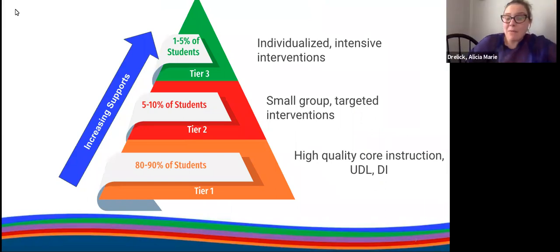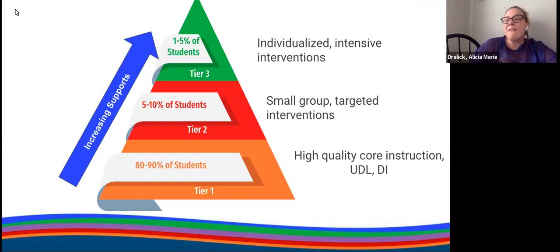So when we think about multi-tiered support systems, we will be looking through tiered supports. This graphic gives you an idea of how we increase support and what percentage of students might be receiving certain types of support. Generally, when we're talking about tier 1 support, we're looking at how we can support up to 80 to 90% of our students through high quality instruction, universal design, and differentiated instruction.